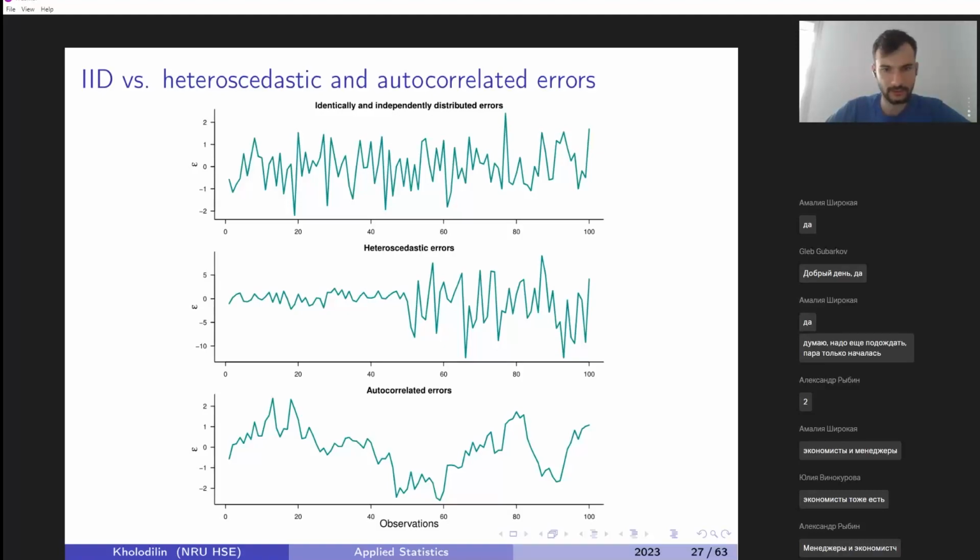And you can see that, for example, here, the first 50 observations, we have low variance and then higher variance. So that means that we cannot use these observations together, because we have different variances, and then it's going to have different properties.